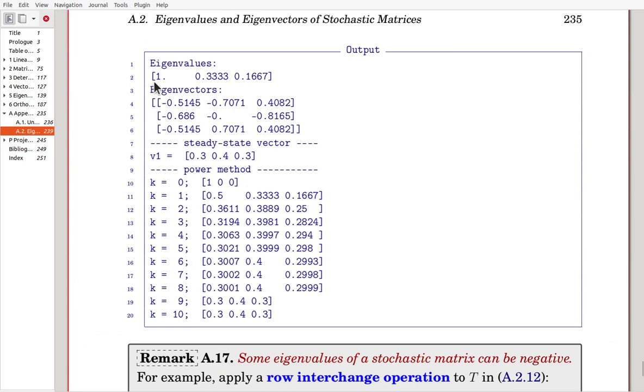For the matrix, the eigenvalues are here. The largest eigenvalue is 1. We know that every stochastic matrix, if it is regular, and the example matrix is a regular stochastic matrix, has largest eigenvalue 1, and the corresponding eigenvector, the first column, must be the unique steady state vector when it is scaled as a probability vector.